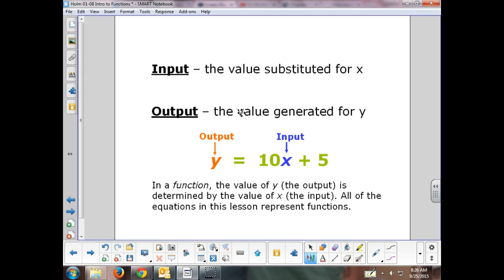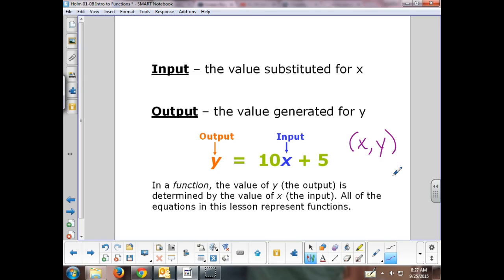We pick an x, do some work, the function's like the machine that does the work, and spits out a y. An input is what goes in for x, and output is what comes out for y. And then we show that relationship as an ordered pair.